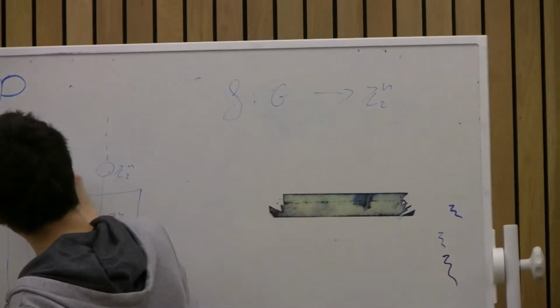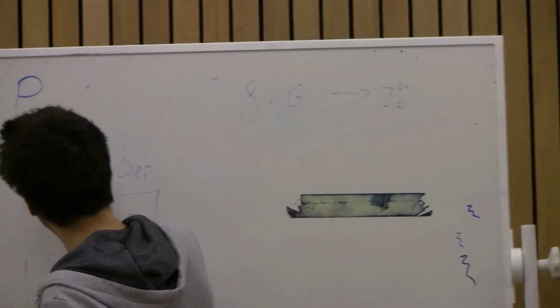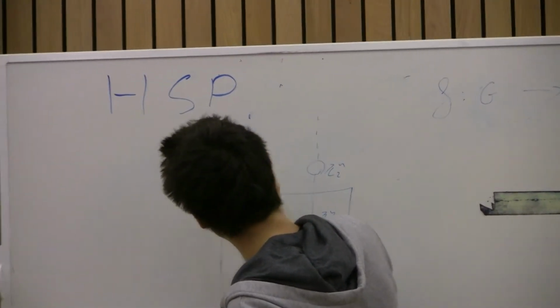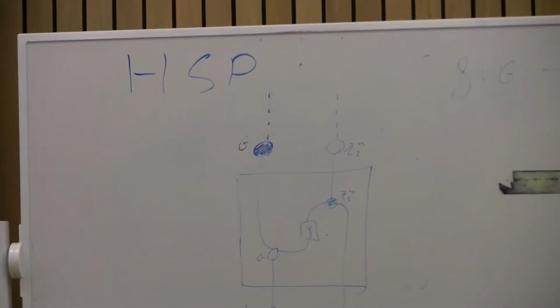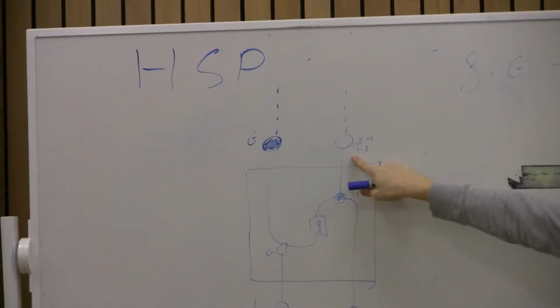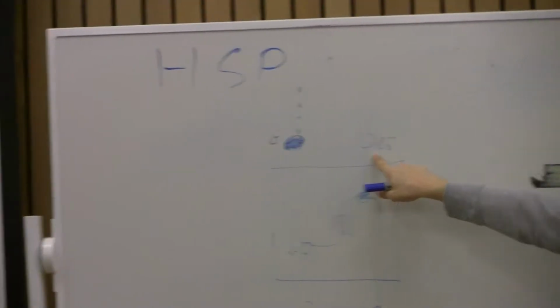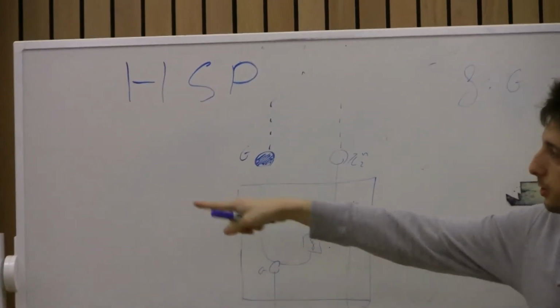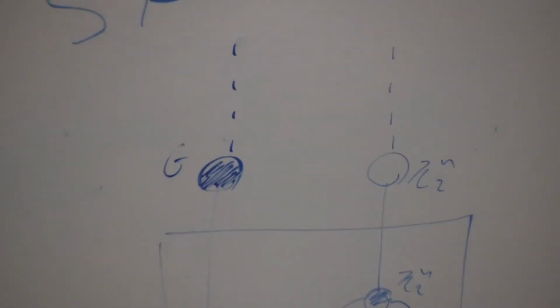The other measurement is more interesting, because it's not immediately associated to an orthonormal basis. So this we know is associated to the orthonormal basis of n bit strings. And this we know is an algebra, but we don't really know what the basis looks like, if there is a basis.